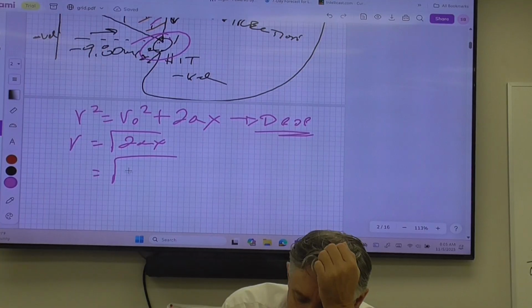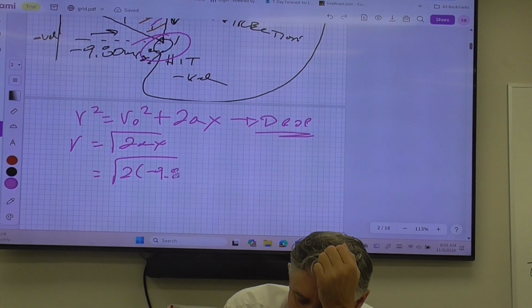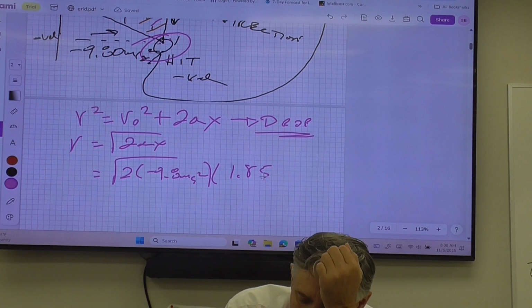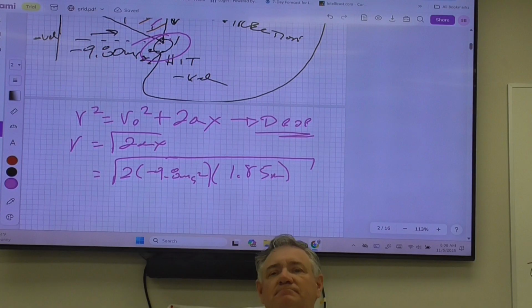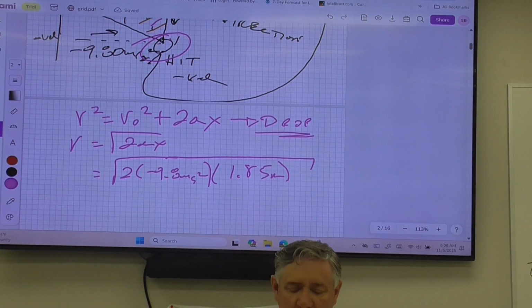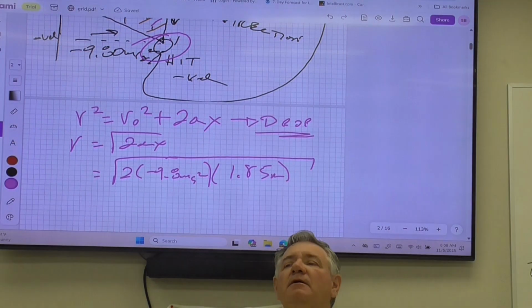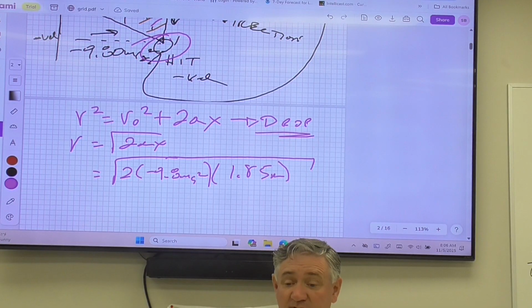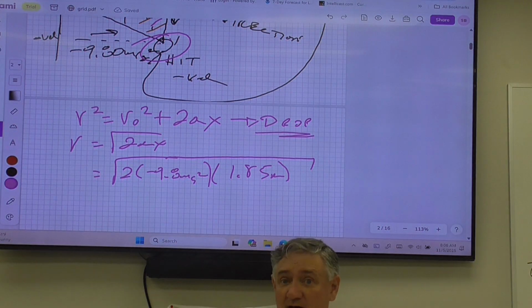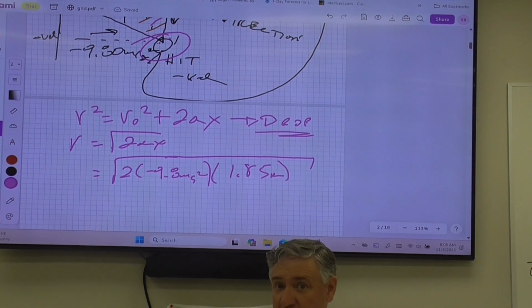So this is going to be the square root of 2 times negative 9.8 meters per second squared times 1.85 meters. It has to be negative, because the 1.85 has to be negative. If you do this, you're going to have an imaginary velocity, because you're going to have a negative sign underneath the radical.